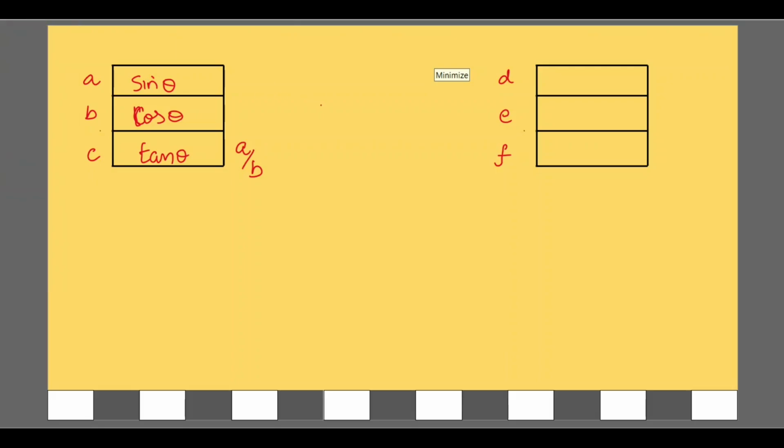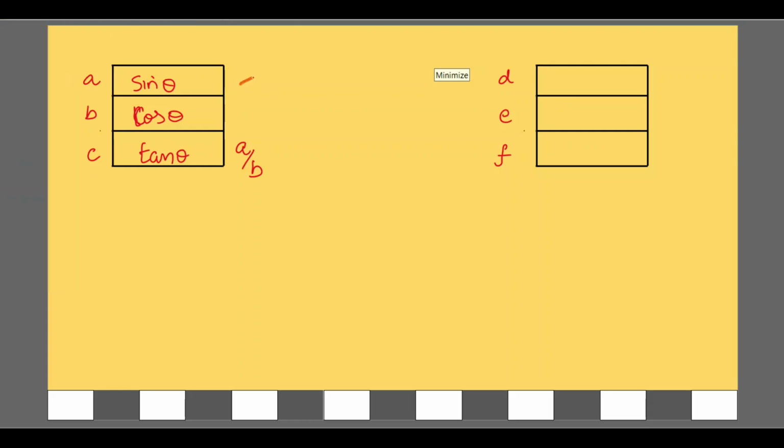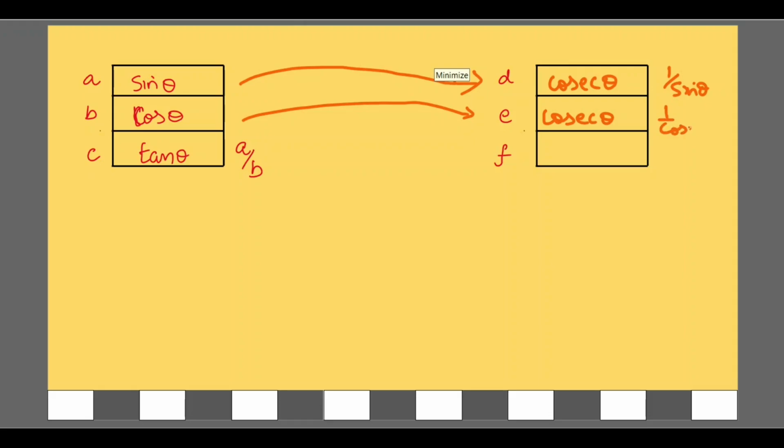Now if you take the reverse of sine theta, this will be 1 over sine theta. Okay, this will be called cosecant theta. Similarly, if you take the reverse of cosine theta, this will be secant theta, which is 1 over cos theta.